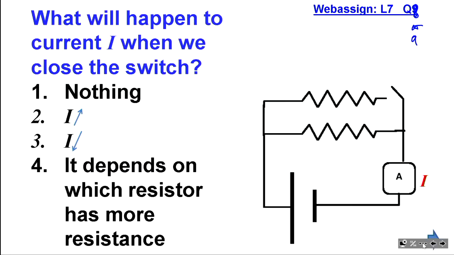build the circuit first. So I've got a battery, and I have a bulb connected to this battery, like this. And I have this device we call an ammeter.